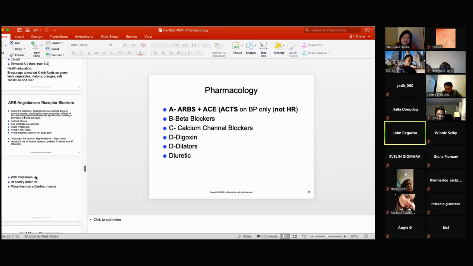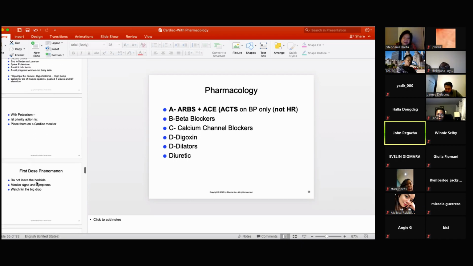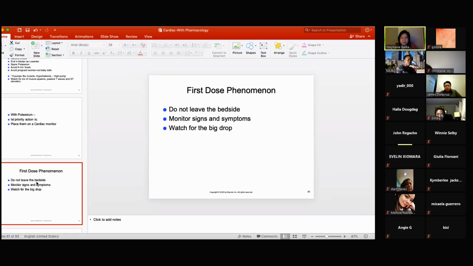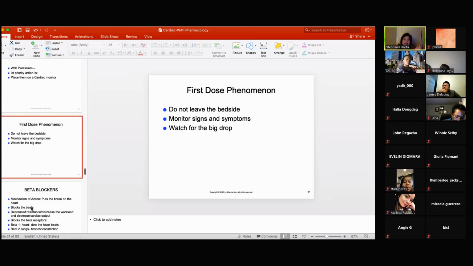Miss Stephanie, before we move on, the first dose phenomenon applies to the first two medication classifications, I guess? For all of them. All of them? Okay, I'm just making sure. Yes, for all antihypertensives. Just keep that at the back of your minds. How long do you have to stay with the patient for that?